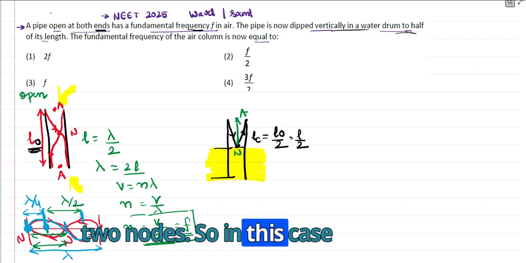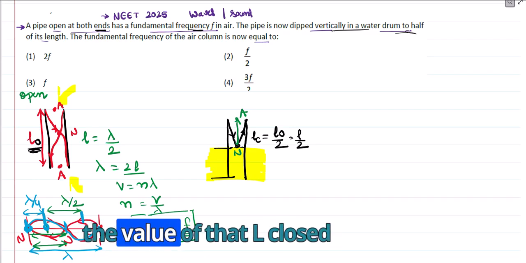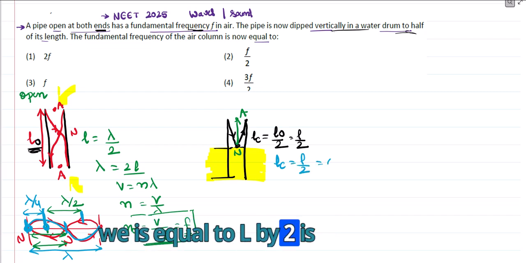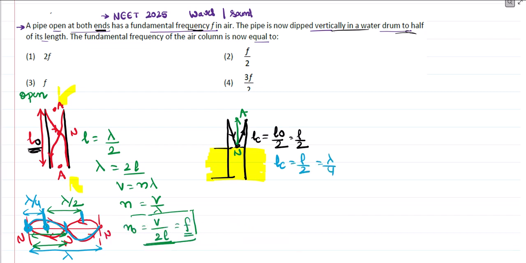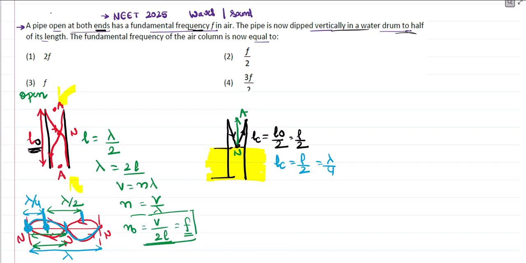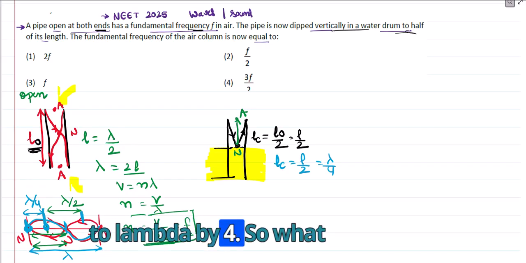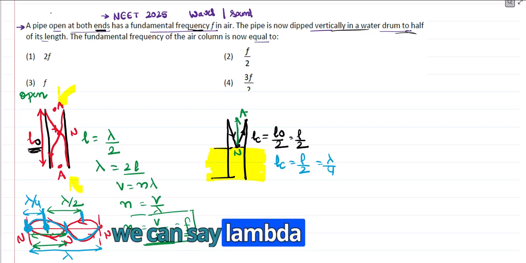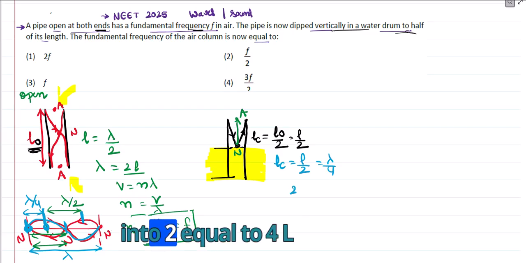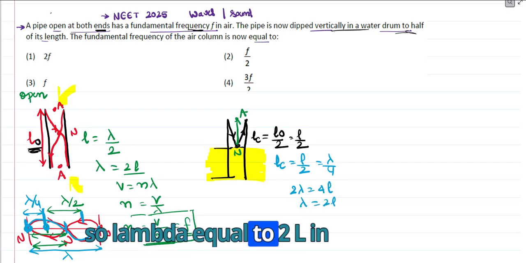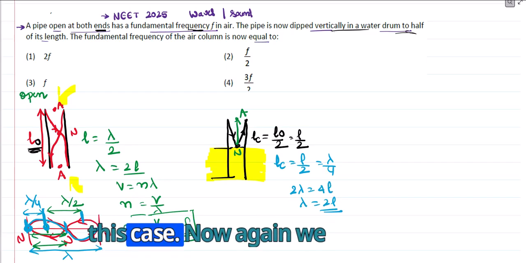So in this case, the value of L closed, which is equal to L open by 2, is lambda by 4. That implies L equals lambda by 4, right? So we can say lambda into 2 equals 4L. So lambda equals 2L in this case.